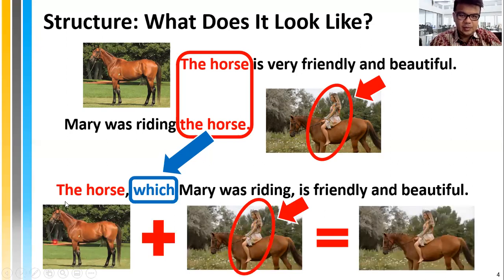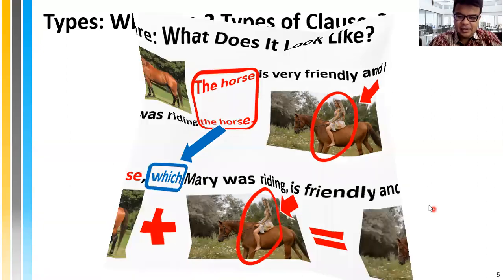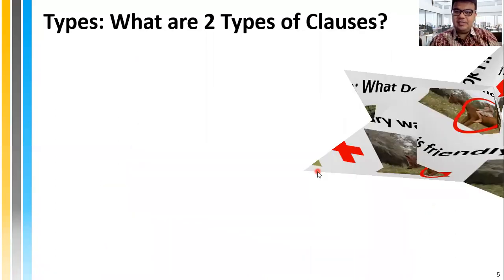Sentence number one plus sentence number two, Mary was riding the horse, becomes, when we combine it, sentence number three: the horse which Mary was riding is friendly and beautiful. Wow, that's amazing! We can use relative clauses to combine sentences.